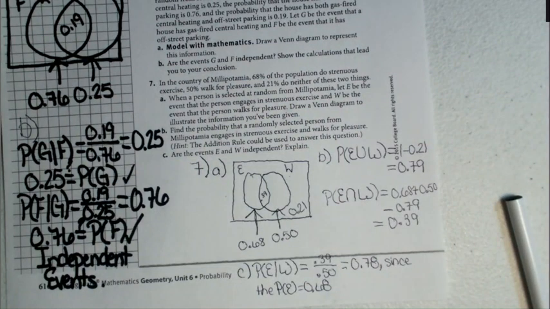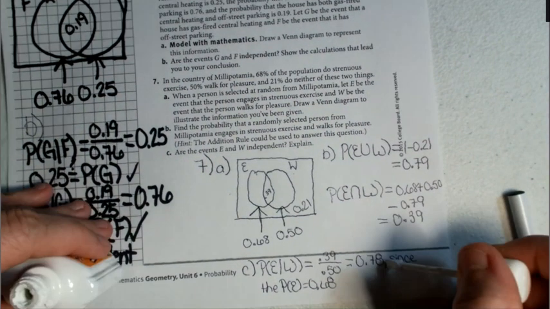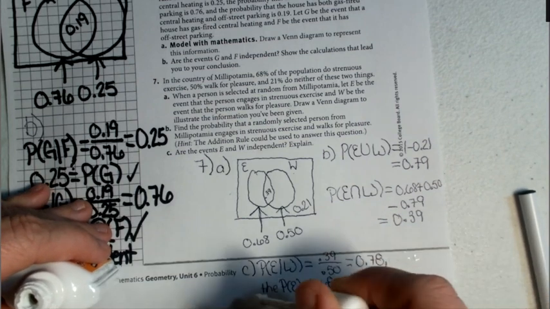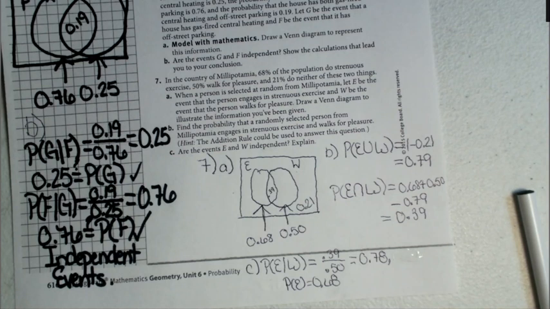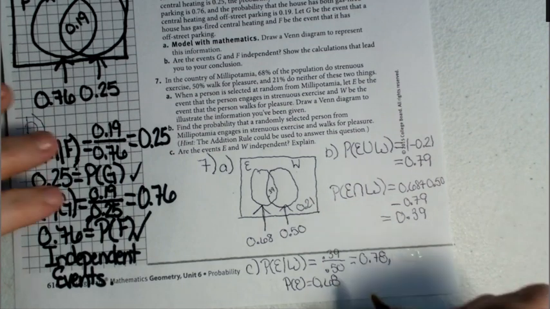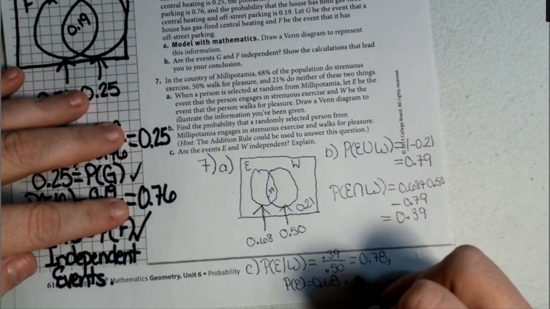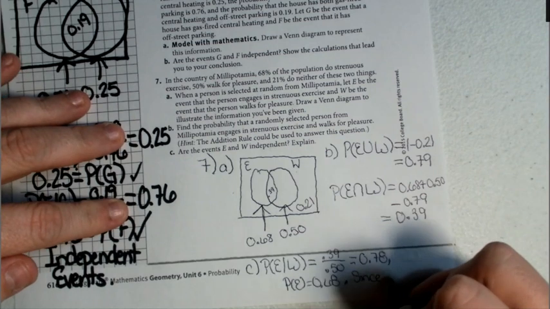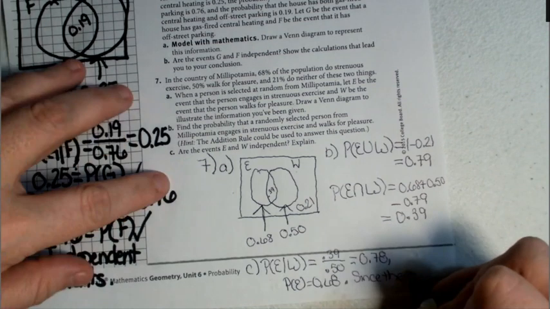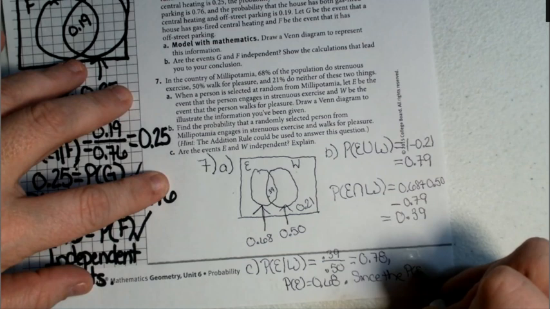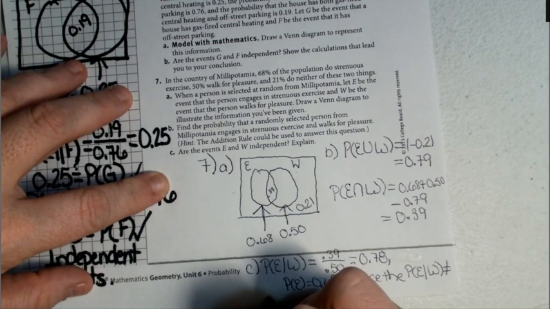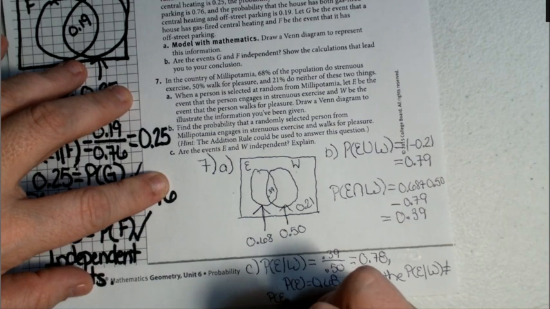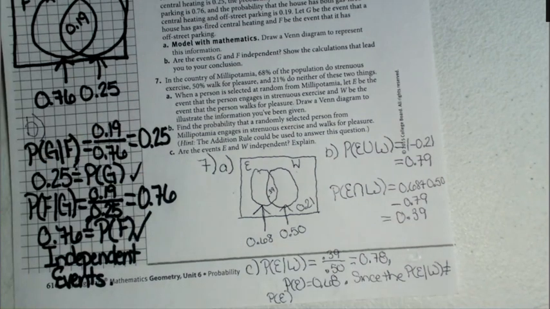This should not say "since" yet. It should just say the probability of E is 0.68. Now, here we go. Since the probability of E given W does not equal the probability of E, these two events are not independent.